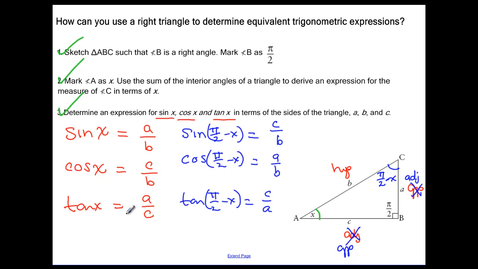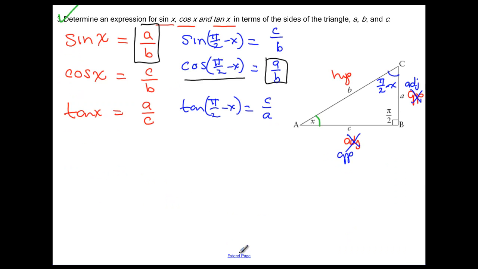Now, we haven't really defined any identities yet. That's our next step. The next step is to recognize that the ratio of a over b appears over here as well. Because these are the same a over b, we can set cos of pi over 2 minus x, there's the co part, two parts, equivalent to the sine of x.